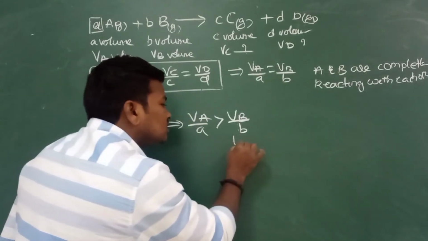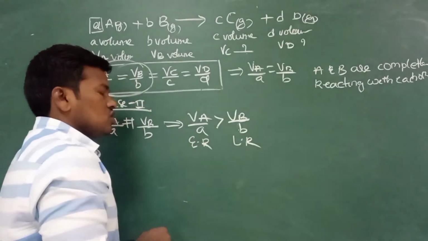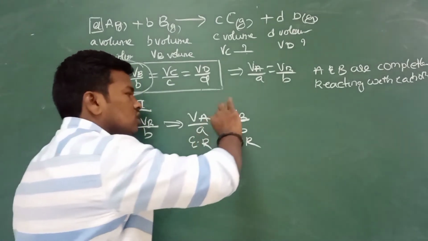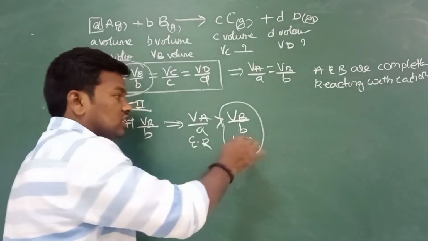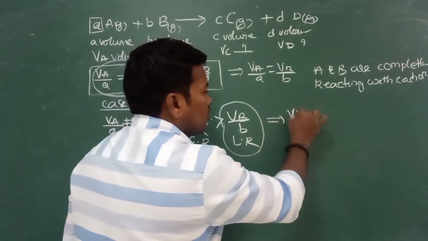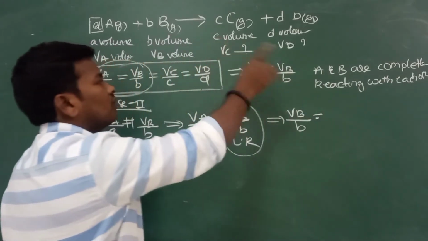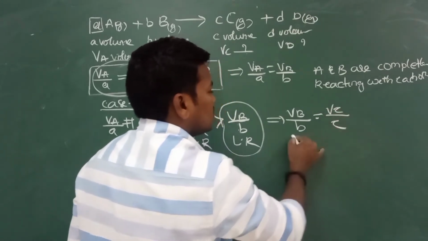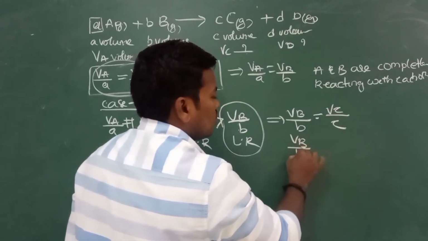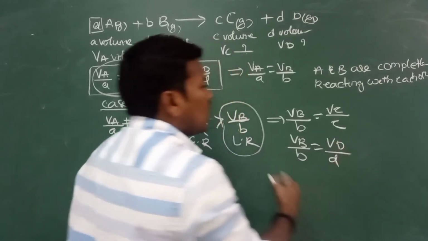That means this is the limiting reagent and this is the excess reagent. Whenever the reaction is given, the limiting reagent will control the reaction. So at that time we can equate VB by b, and if you want to calculate the volume of VC, one time we can divide the volume of VC, and one time the volume of VD. Then we can easily find the answers.